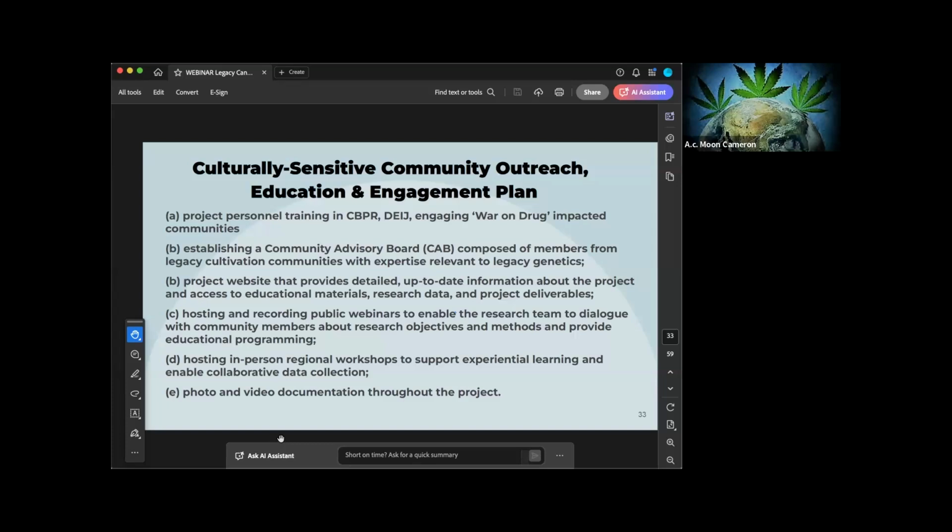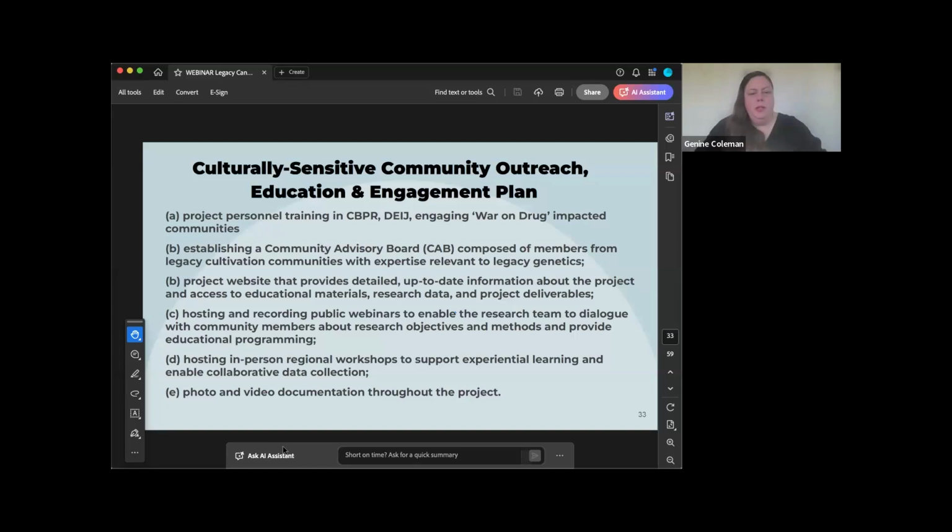Thank you, AC. Appreciate it. Well, I just wanted to take a moment here to touch on our culturally sensitive community outreach and engagement plan. And we really want to appreciate the Department of Cannabis Control for actually requiring this component in the research design.